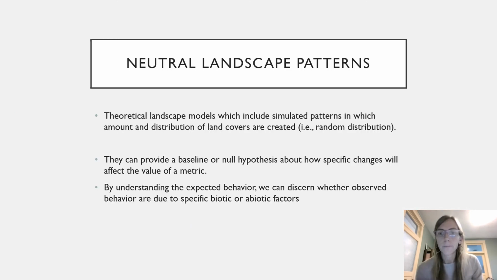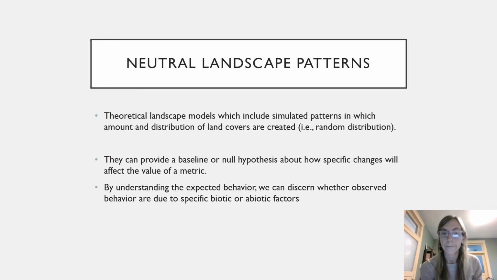I wanted to mention the concept that the book describes about neutral landscape patterns. This has been a useful development for landscape ecology to be able to use theoretical landscape models which simulate patterns and different amounts and distributions.